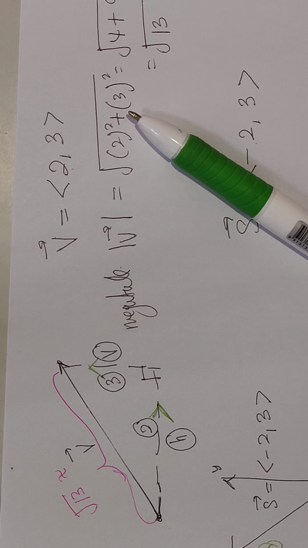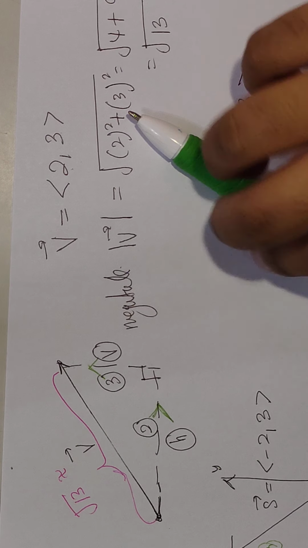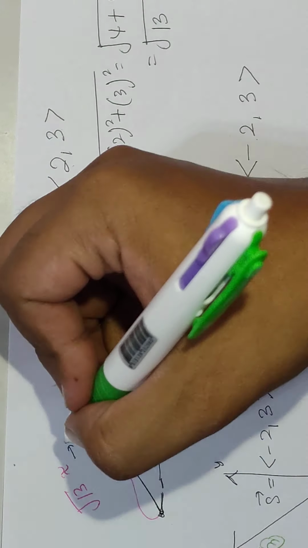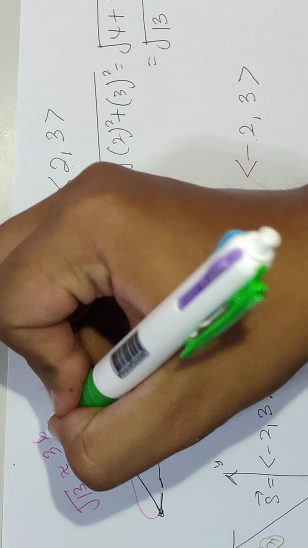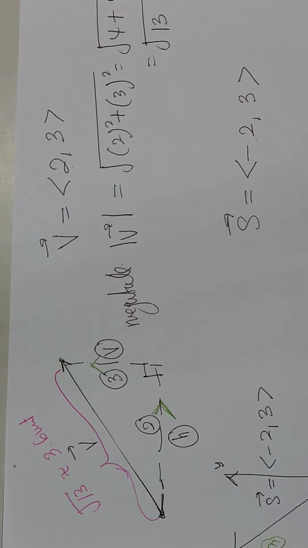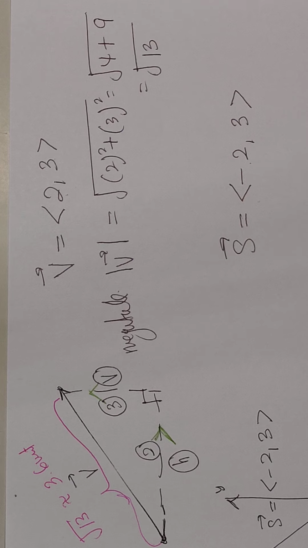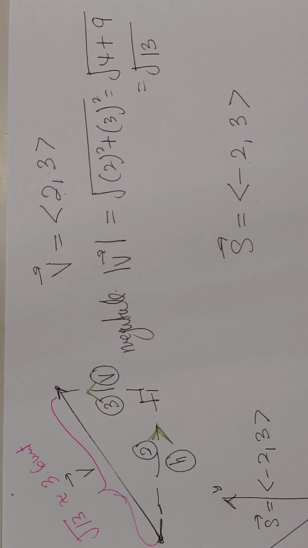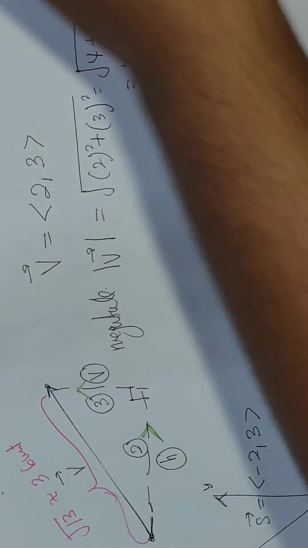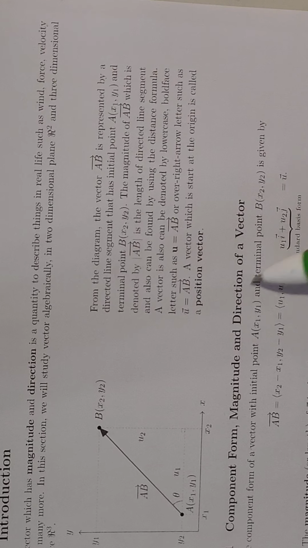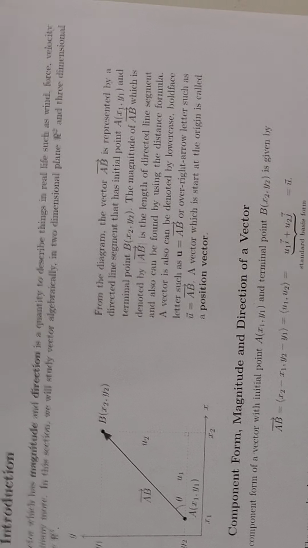Punca 13 dia lebih kurang 3.6 unit lah, because we do not use any unit centimeter or millimeter, then we just describe generally as a unit. Okay, clear? Yang ni yang kita bincangkan sebagai magnitude.